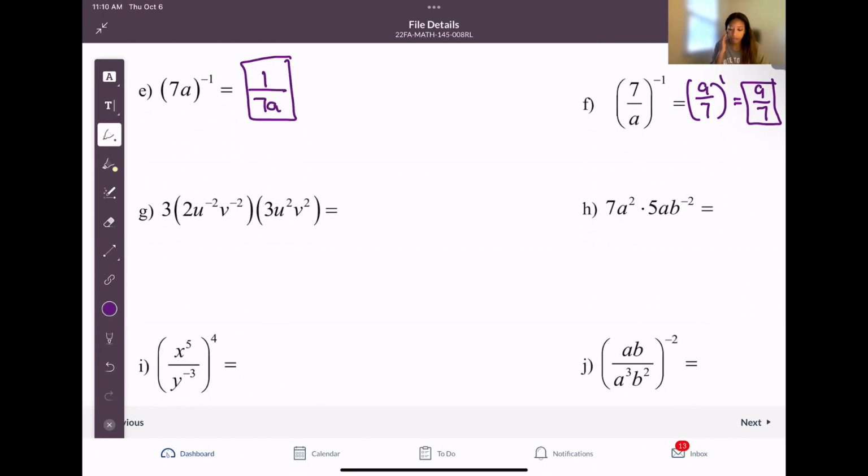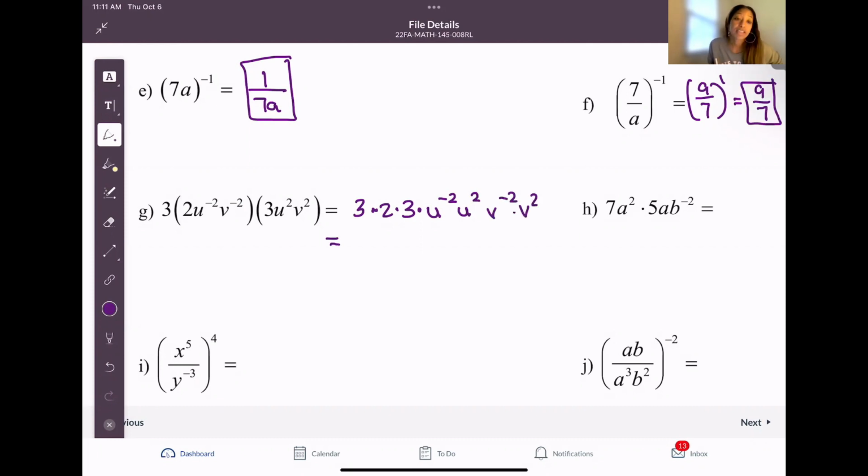Let's keep on going. For problems G and H, we're going to be using the multiplication property, but some of our exponents are negative. Here for G, let's multiply all of the constants, 2 times 3, and then times u to the negative second times u squared, and v to the negative second times v squared.